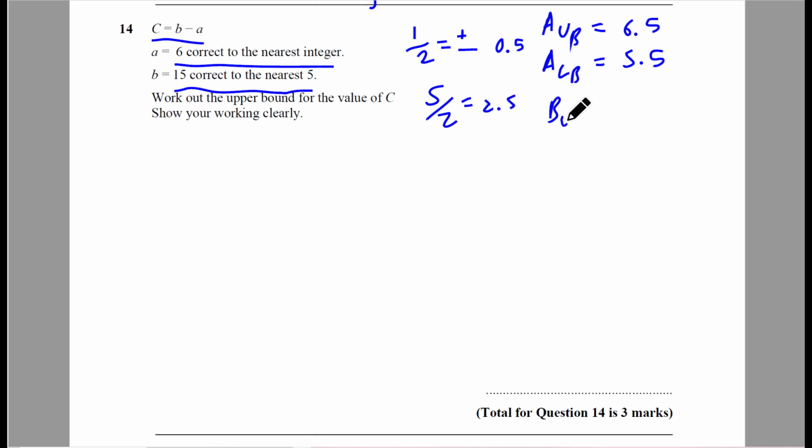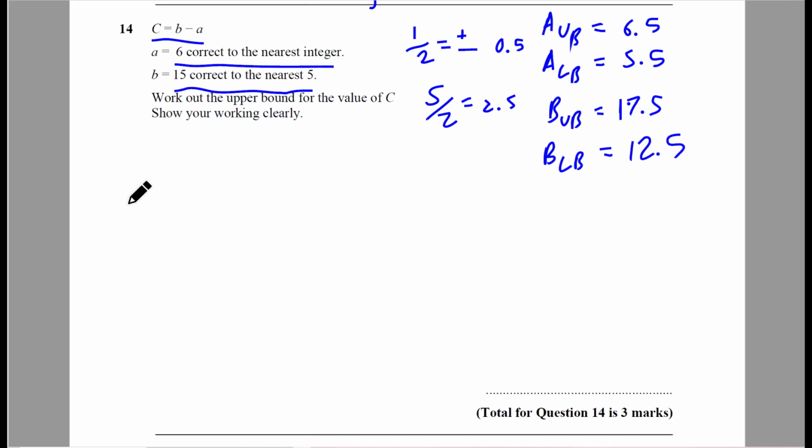So the upper bound of b is going to be 17.5, and the lower bound is going to be 12.5.